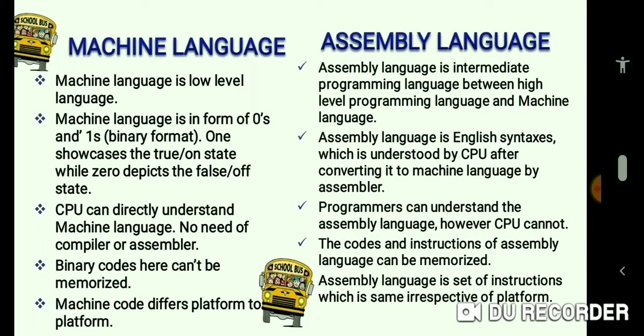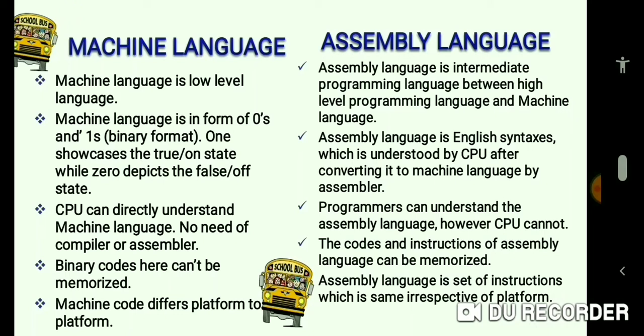Now, machine language is the low-level language that I have told you in the previous class. And assembly language is also a low-level language, but it is intermediate between the high-level language and the machine language.